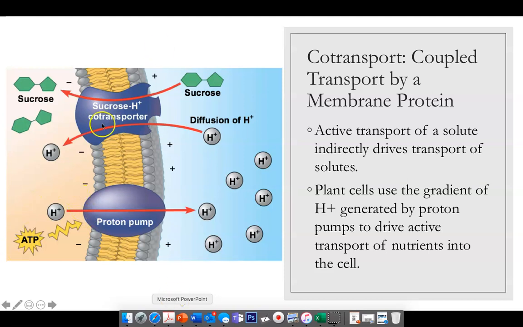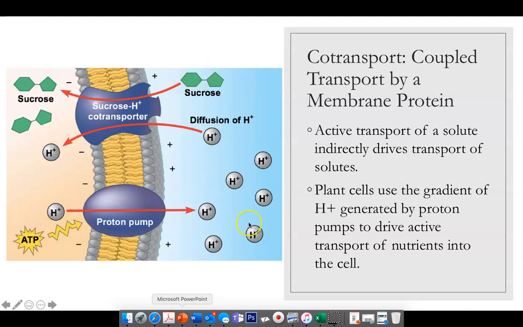Okay, so what we see here is where a proton pump is actually going to be driving the diffusion of hydrogen ions through a sucrose-hydrogen ion, or sucrose-proton, co-transporter. Now, the thing with co-transporters is that you have to have both substances moving across the membrane together. So the protons can't go without the sucrose, and the sucrose can't go without the protons.